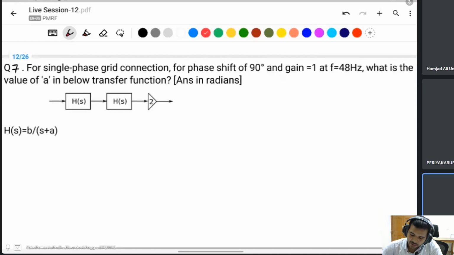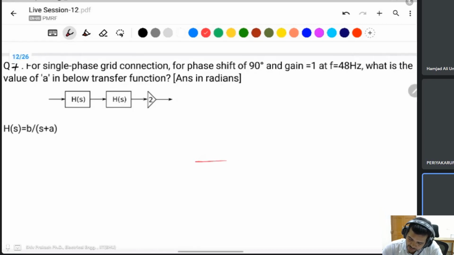In a three-phase system, I have three phases A, B and C. We are going to convert the ABC three-phase system into a two-phase alpha beta system, this is the alpha, this is the beta.